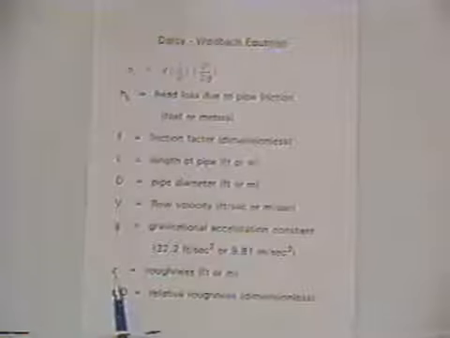And this friction factor, as we're about to see, will be a function of two terms. One's going to be a Reynolds number, which is a representation of flow characteristics, and the other is going to be a relative roughness, which is a representation of the pipe characteristics.